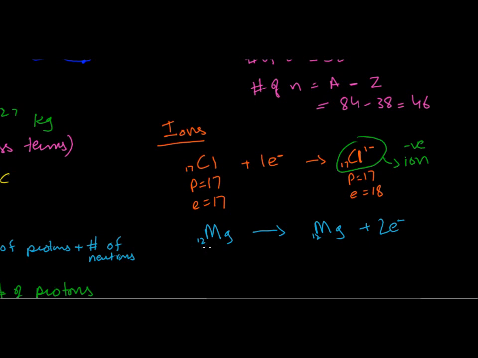Starting out, magnesium would have 12 protons because its atomic number is 12, and electrons have to be equal to the number of protons because it's neutral. But now it has lost 2 electrons from the starting quantity of 12, so it is left with only 10 electrons.